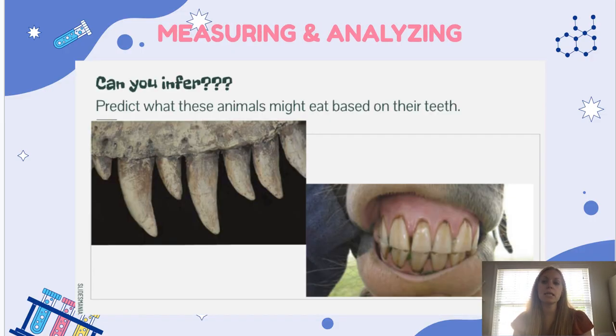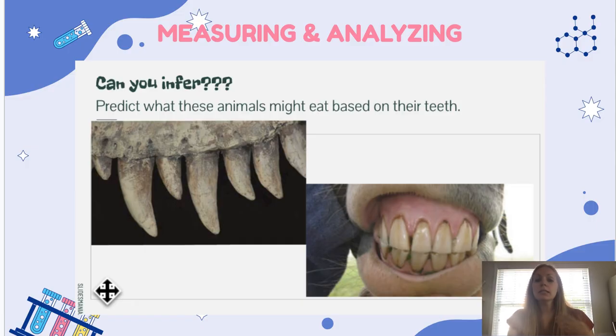Next is measuring and analyzing. So again, this is straight from a 5th grade. We are looking at different types of consumers, so animals. So it says, can you infer, predict what these animals might eat based on their teeth? So you can see the jagged are carnivores, and then the more rounded would be herbivores.